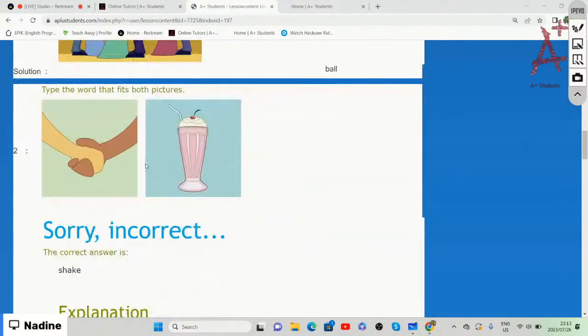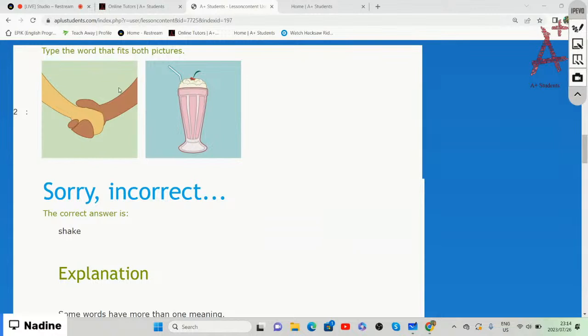All right, so now if we look at the next picture, this is two hands, and they are shaking hands, right? And then we also have what looks like a milkshake. So if that is a milkshake and they're shaking hands, then if we were to choose a word that fits both pictures, we can say shake, right?